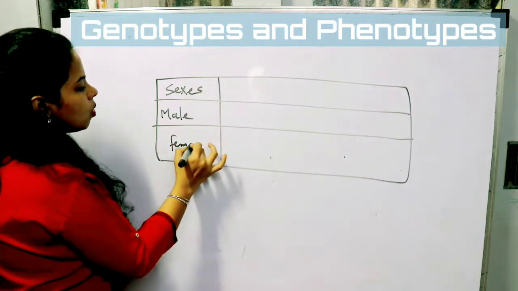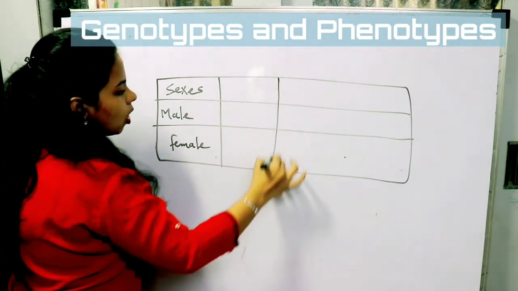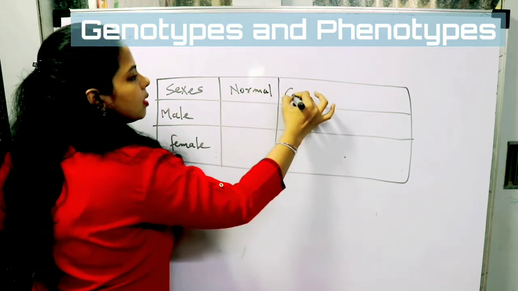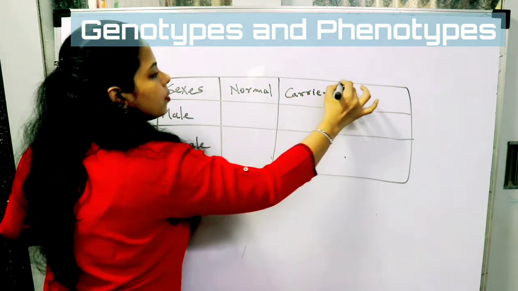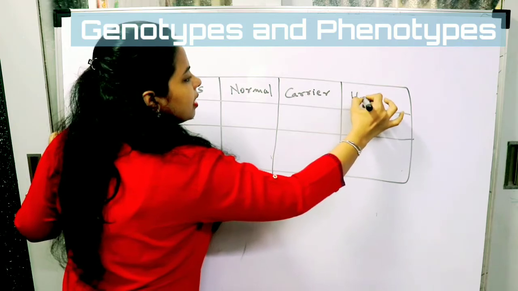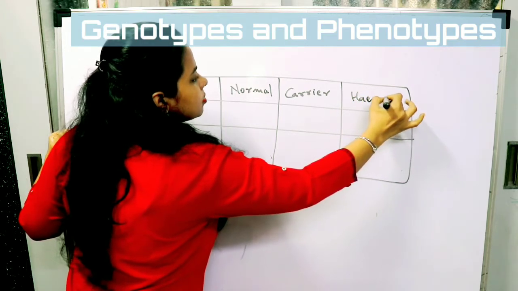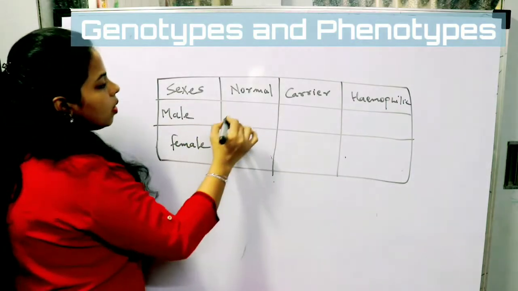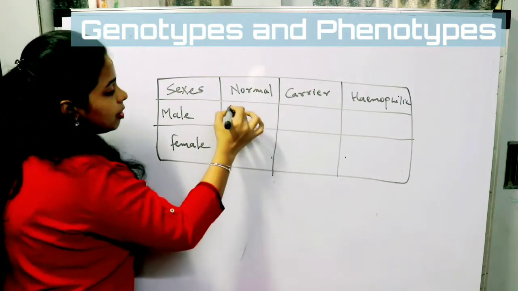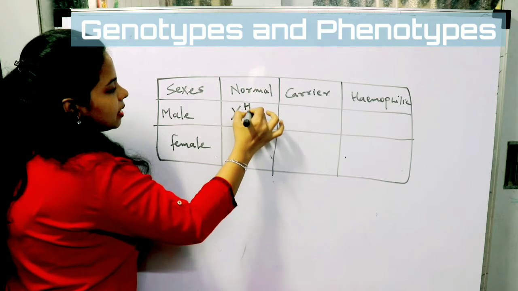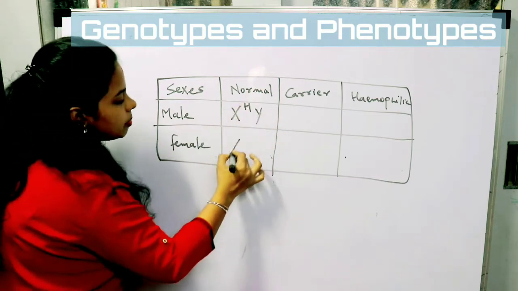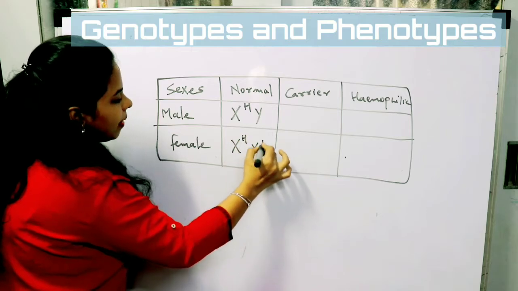Here we have a normal male, a carrier female and hemophilic. In case of a normal male, the genotype will be X capital H Y. In case of a normal female, it will be X capital H X capital H.